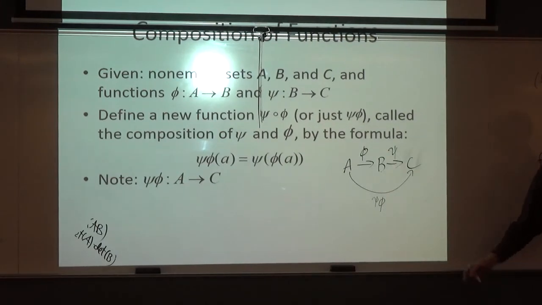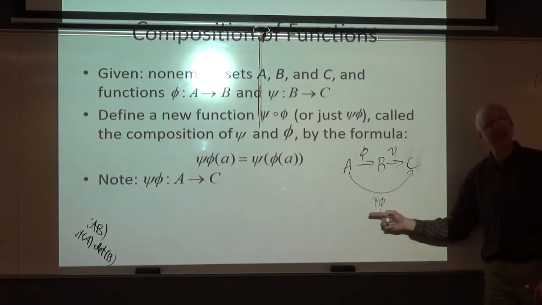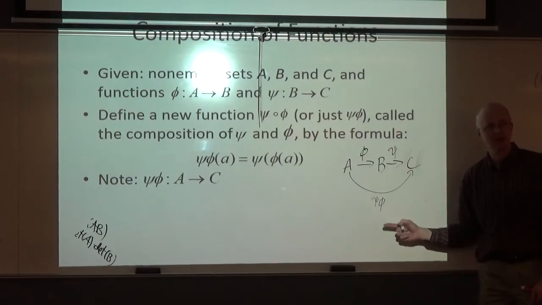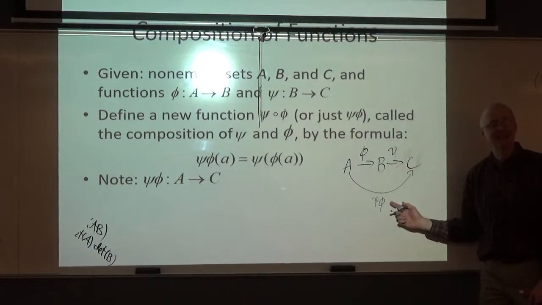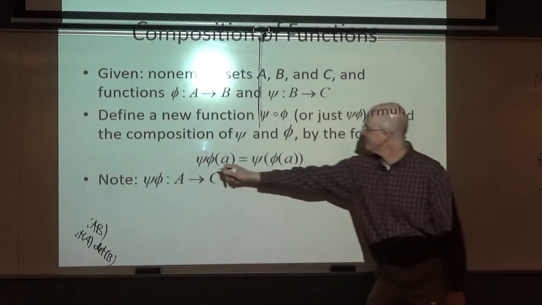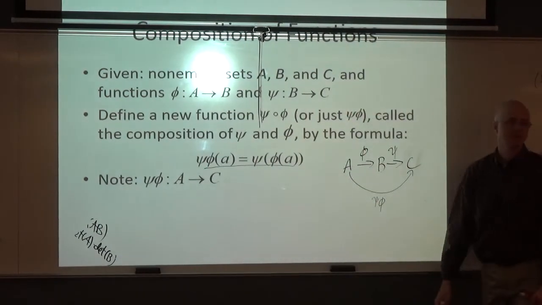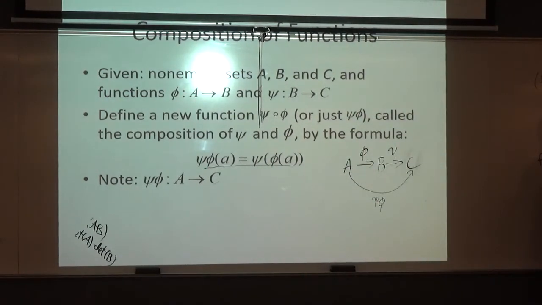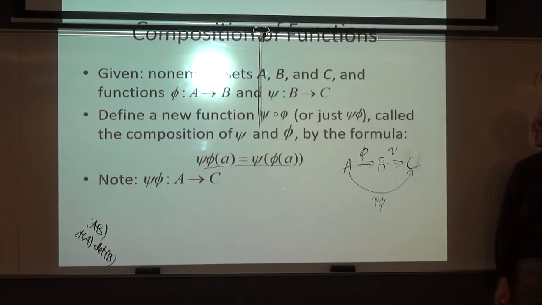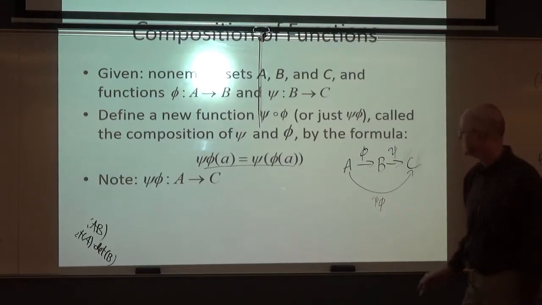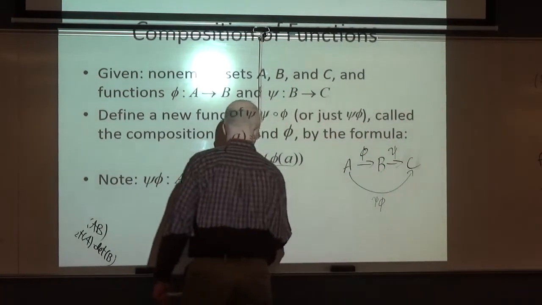But you know with function composition, you're really going from right to left. When you plug an element in, you first plug it into the function on the right, into phi, then you plug it into psi, just like this equation says. Phi is the inside function and psi is the outside function. So that's one kind of diagram you'll see people make, including me.